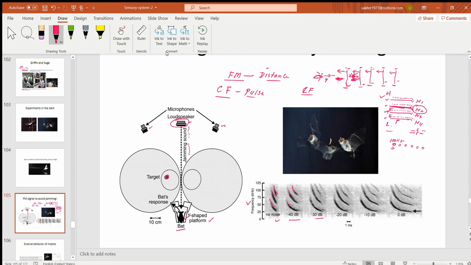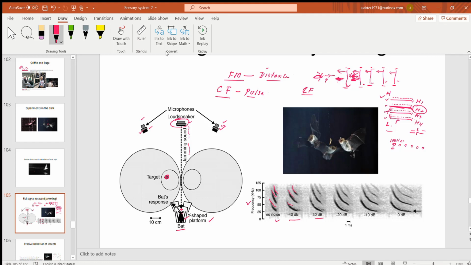And microphones are also placed in the soundproof room, and now you record the pulse using the microphones. So you record the pulse produced by this bat. So the bat sends pulse, okay, that hits the target.